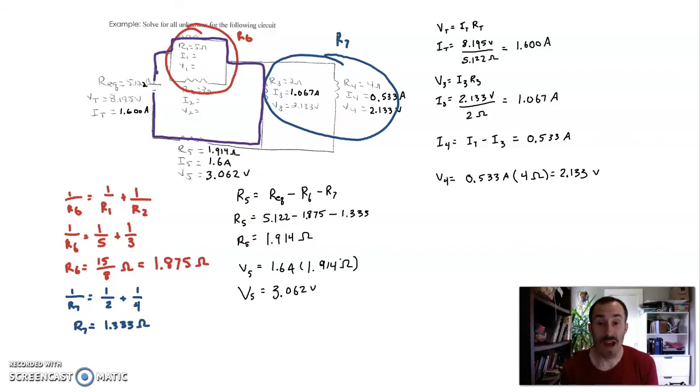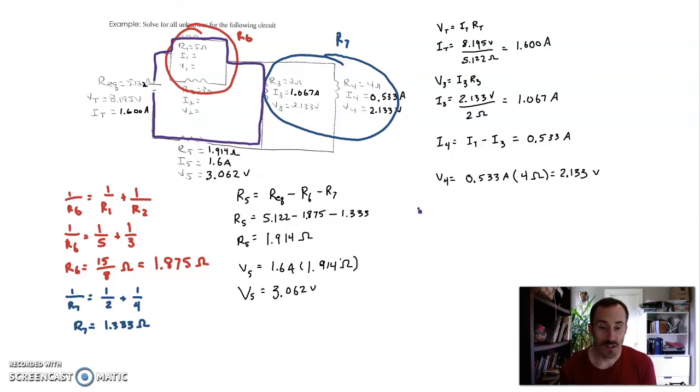Okay, that's one path. All the voltage has to drop in that one path. And so we've got a drop of 3.062, we've got a drop of 2.133, and we've got some unknown drop, but we know the total is 8.195. And so I'm going to figure out what V1 is based on subtracting the two voltage drops I know from the total.